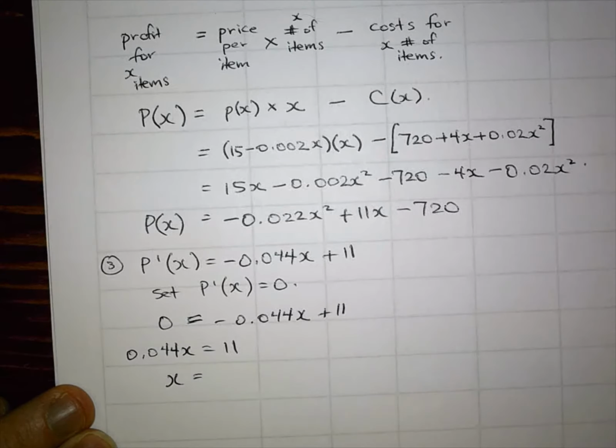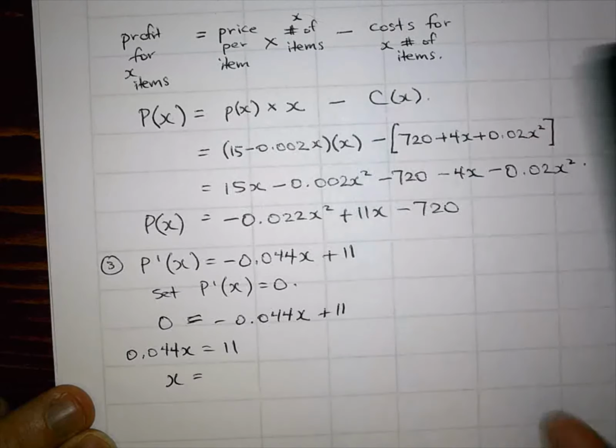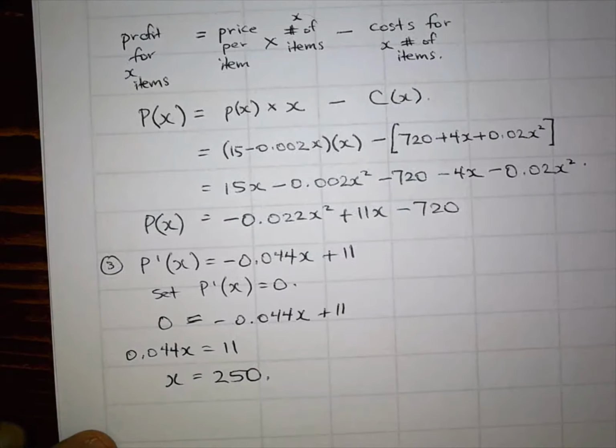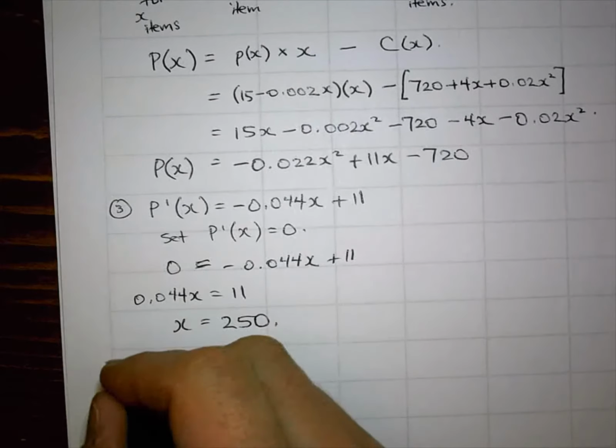So x is equal to 11 divided by 0.044, and that gives me 250. Okay, so that means that the number of items, x equals 250, that's going to be the maximum profit. That's where my profit and my cost give me kind of the best value for me as a CEO.